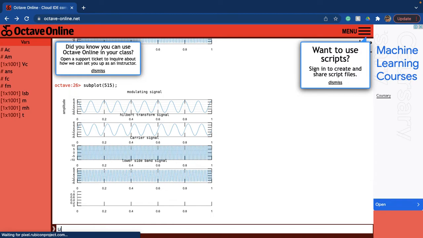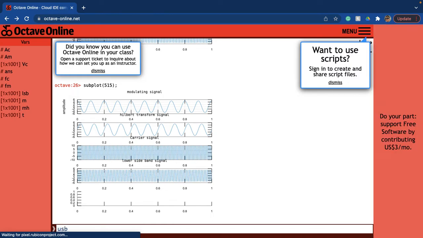So I should write upper sideband signal is equal to message into cos of 2 pi fct minus mh sine 2 pi fct.